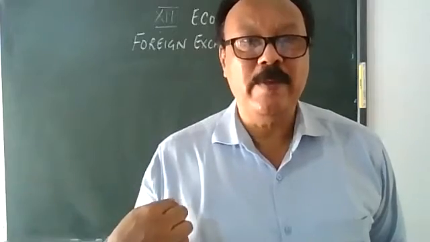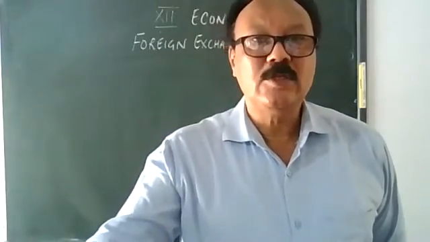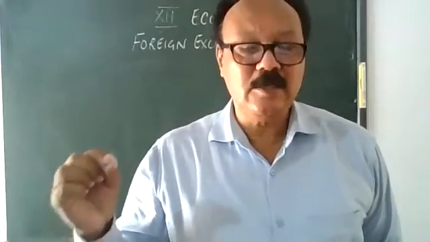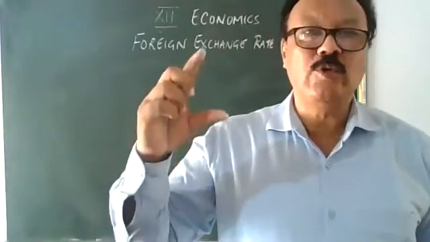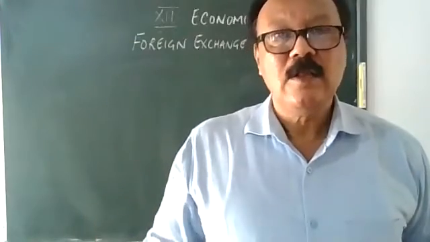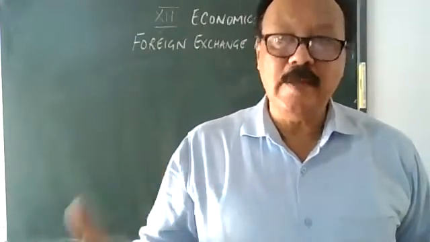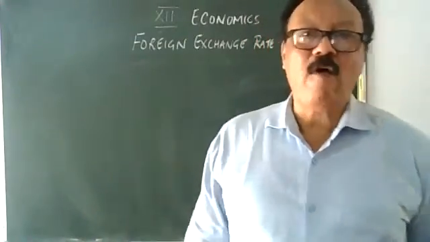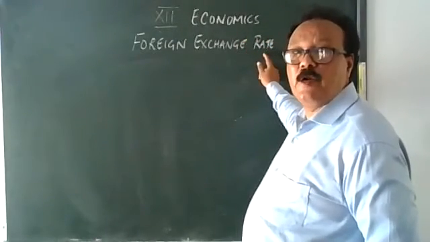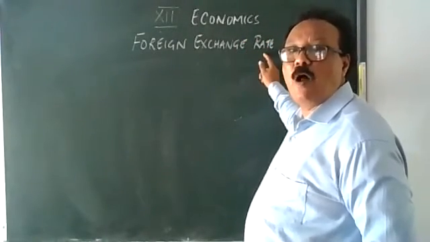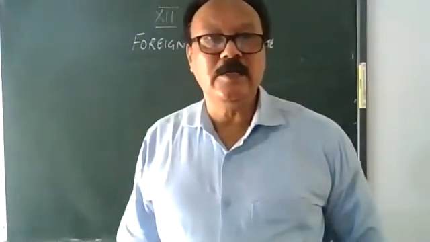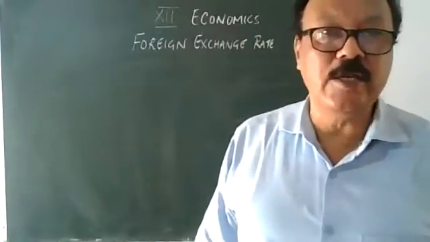Then I would have to pay 45 rupees to get 1 US dollar, and this rate keeps fluctuating. So the foreign exchange rate is the rate which we pay in domestic currency for obtaining a foreign currency.